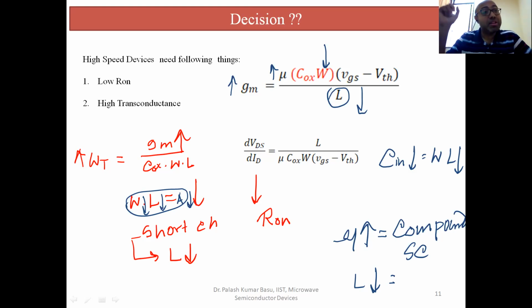Then you play with W. Because W into L, that multiplication factor, the cross-sectional area, manipulates your cutoff frequency. So please remember, when you design a MOSFET, which we are going to do this semester, you have to be very careful about this W into L ratio, the WL multiplication factor.